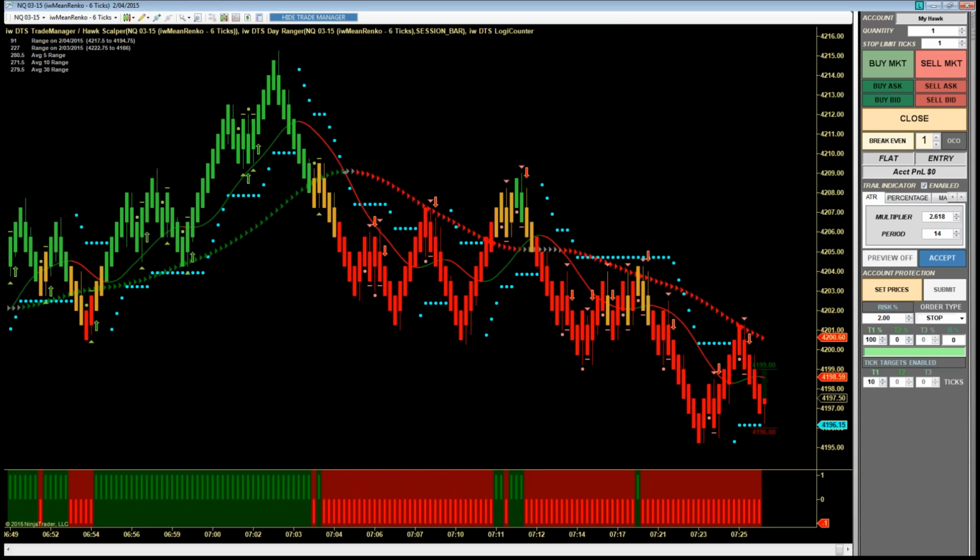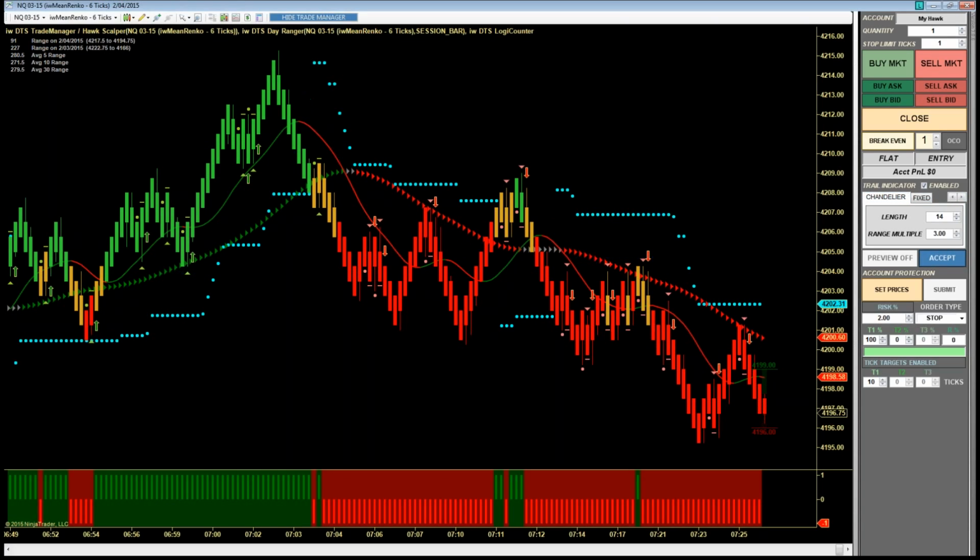Two, you need a way to manage your trade. Some people have incorporated the second step into their trading. They've moved beyond solely focusing on the entry signal and have started to incorporate trade management of some sort. That's what these blue dots that you see here on the DTS system are. This is our stop strategy from our trade manager.